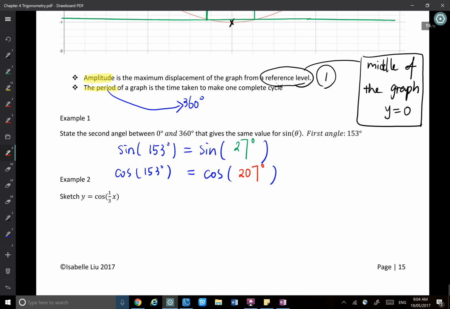Okay, the last one is we want to sketch y equals cosine 1 on 3x. What do you think this thing will influence on your graph? How might your graph change? Just any guess?